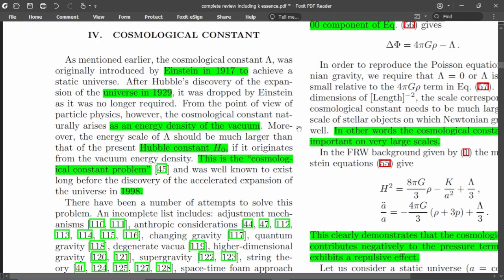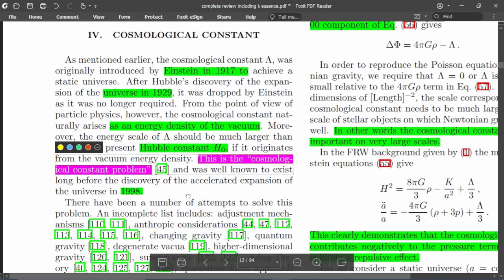But there are two pictures now. One is from particle physics and another is from cosmology. If you have lambda in your theory, then it will give you the value of the Hubble constant from the data, and whatever Hubble constant you get from the data is different from what you get from particle physics, and therefore it leads you to the cosmological constant problem, which is stated in reference 45.